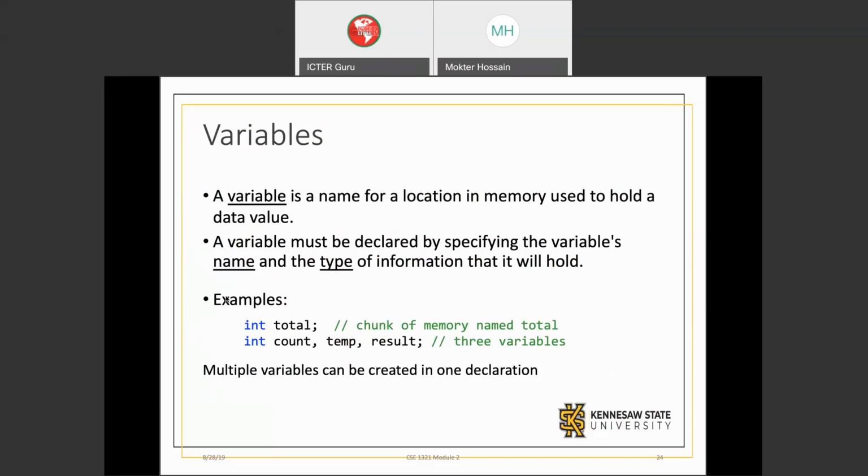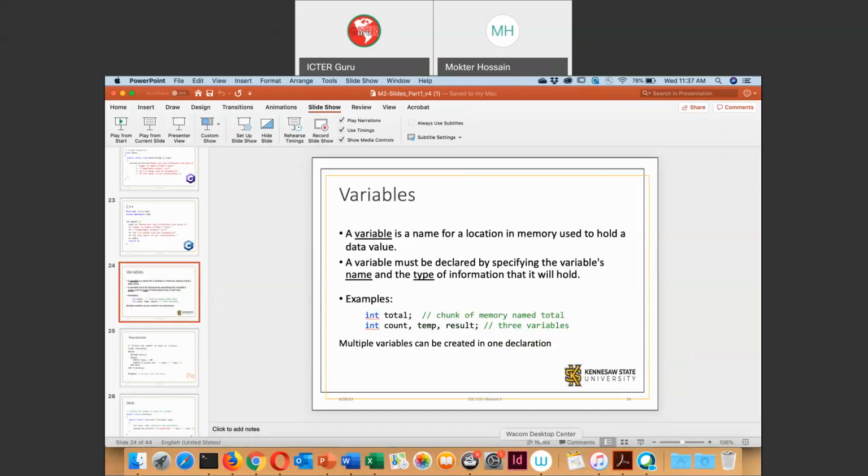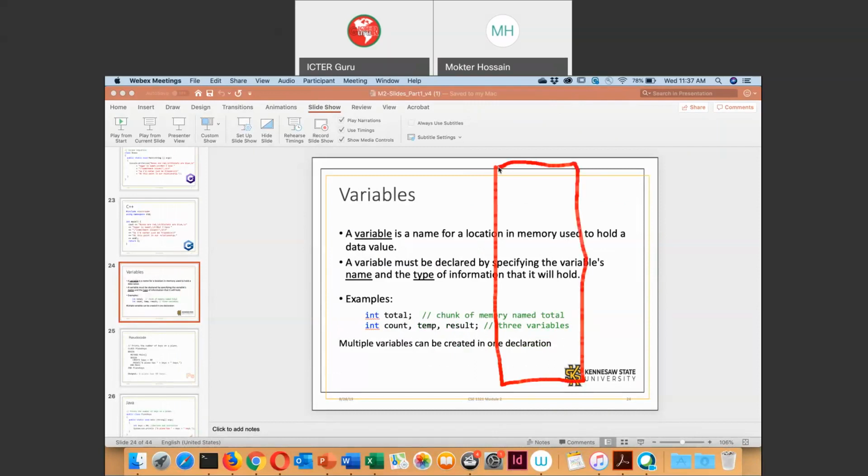So what happens when we declare a variable? For instance, this is our memory. This memory is RAM, random access memory.